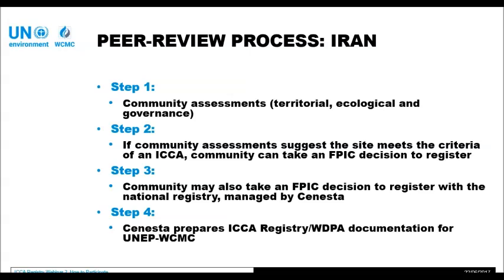In the final step, SENESTA prepares the documentation for inclusion in the ICCA Registry and/or World Database on Protected Areas. At this point, the information is also sent to relevant government agencies for their information and for inclusion in reporting on international agreements.